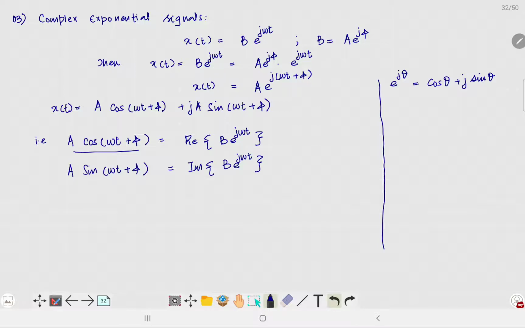So you have basically decomposed a complex exponential into cosine and sine functions. Since we already know the nature of these two functions, like they are periodic, they may have amplitude and all that stuff, it is much easier to express a complex exponential in terms of its sine and cosine components. Fine.